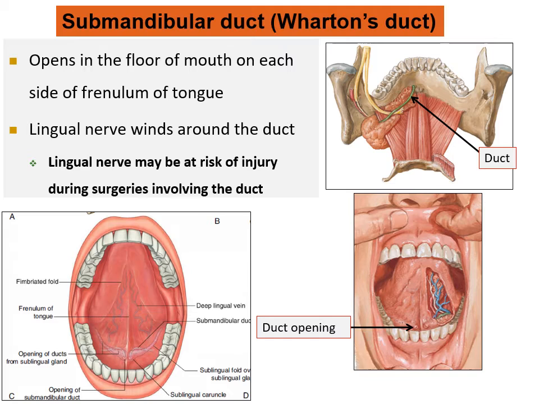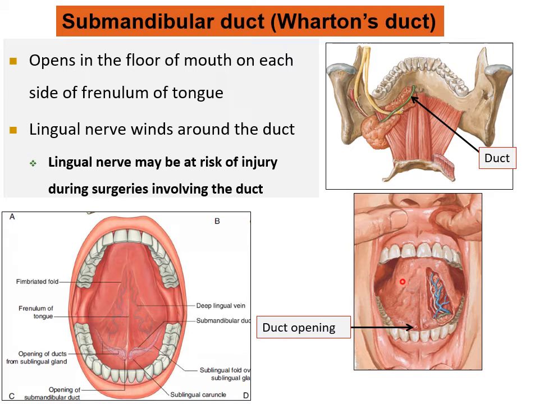Submandibular duct. It is also called Wharton's duct. It begins from the deep part of the submandibular gland and finally opens in the floor of the mouth. This is the course of the submandibular duct, opening in the floor of the mouth. Exactly where in the floor of the mouth? I can show you here.